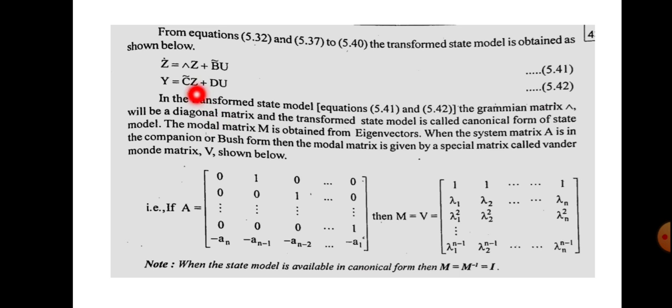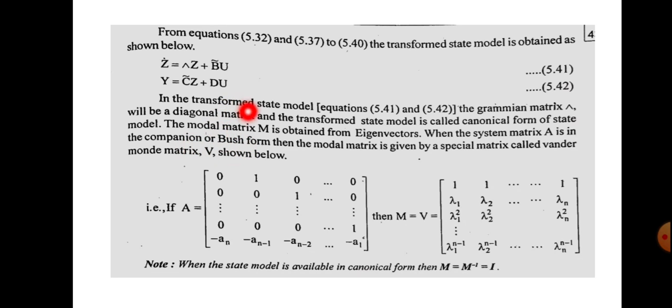They represent the new state equations, and here the system matrix is transformed to a diagonal matrix. So this represents a canonical form. This idea will be clear when you do problems. By using the modal matrix, you will get a diagonal matrix. That is the point here.